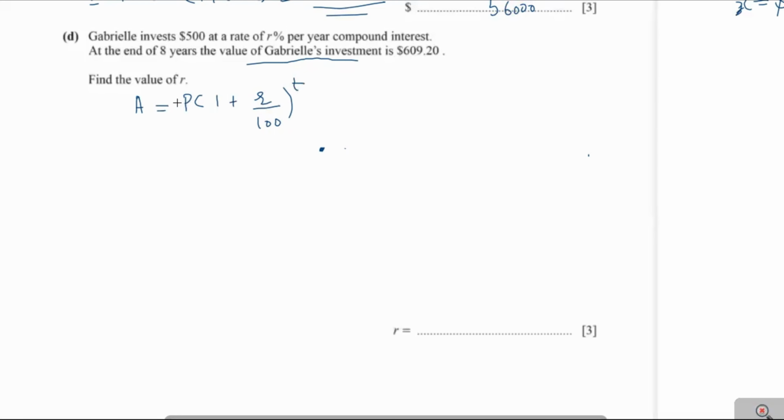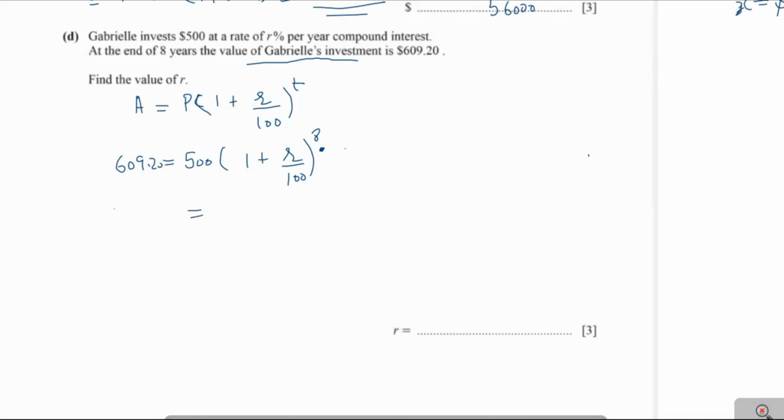Now you see here, the investment amount is 500, P is 500, and 1 is written as it is, R over 100 is written as it is, and time is 8 years. Now the investment amount after 8 years becomes 609.2.